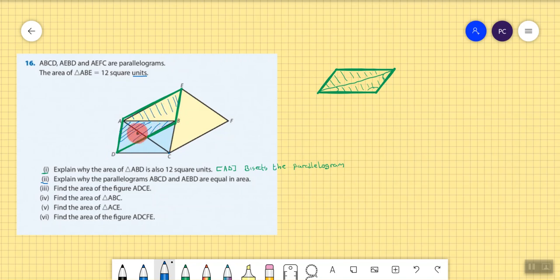And what we can also say is that this part is equal to this part. And then we can also see here that the line DB bisects this bottom parallelogram. So therefore this triangle, should I say, is also going to be the same area. So you can say that this here is 12 square units, this is going to be 12 square units, and then this will be 12 square units as well.